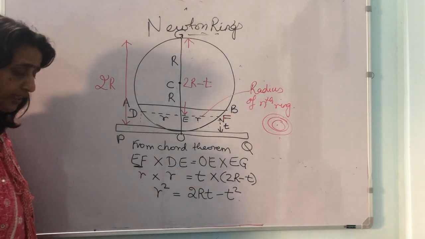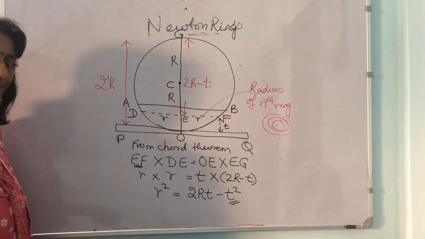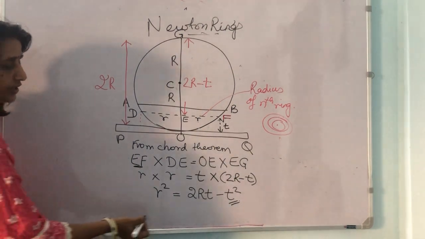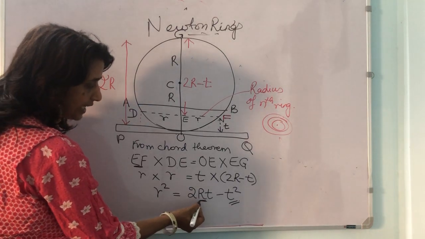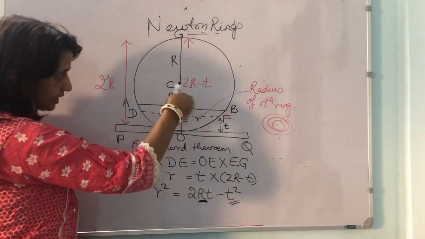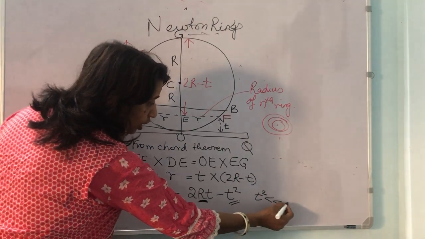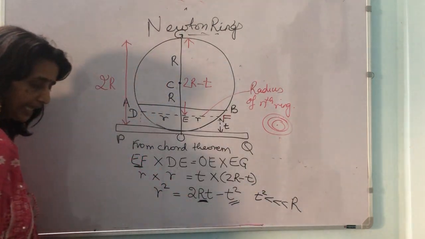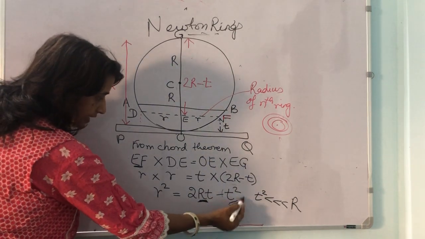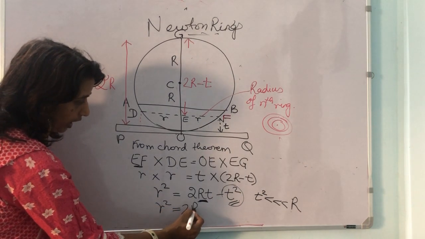Now, for a thin film, this thickness of the film T is already a very small quantity, and for the plano-convex lens which we take, this R, the radius, is a very large value. So the T square term becomes all the more negligible compared to R. Then we can neglect the T square term here, and we get r square is equal to 2RT.